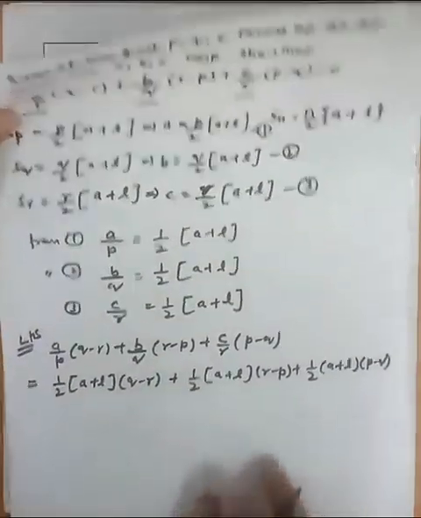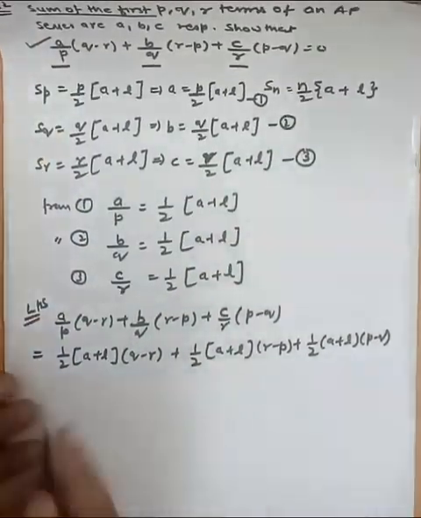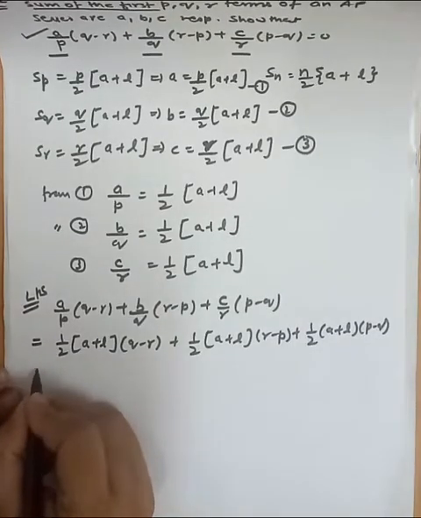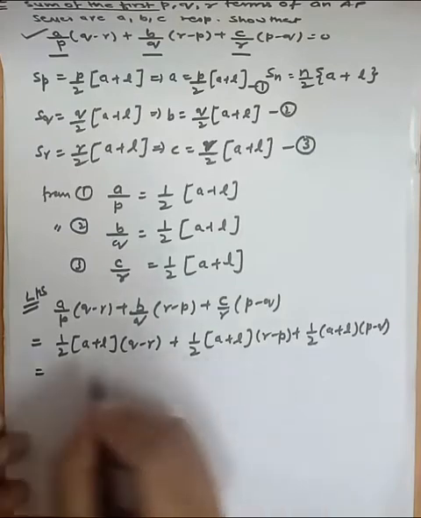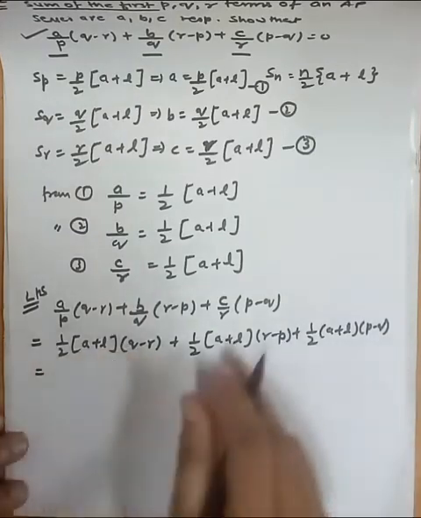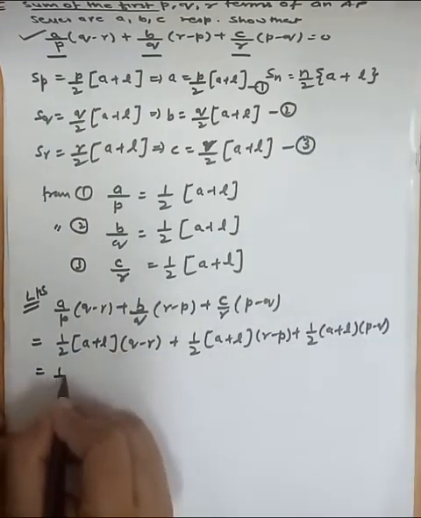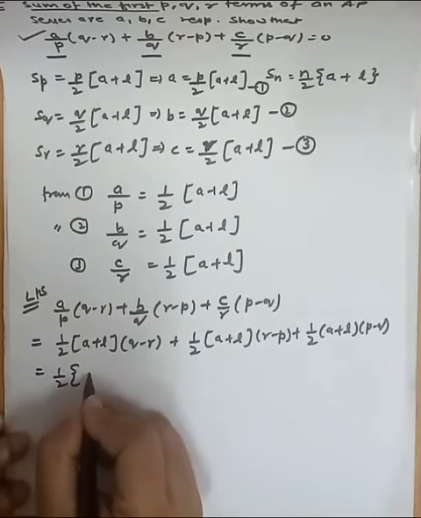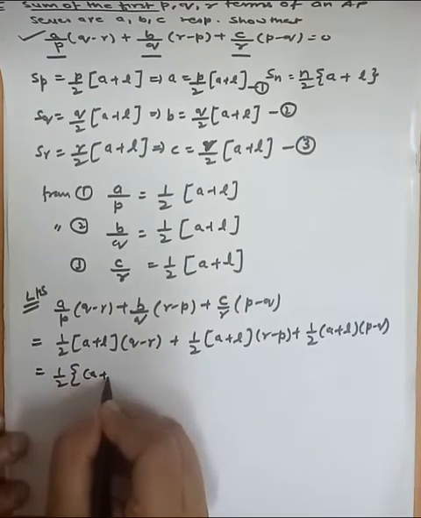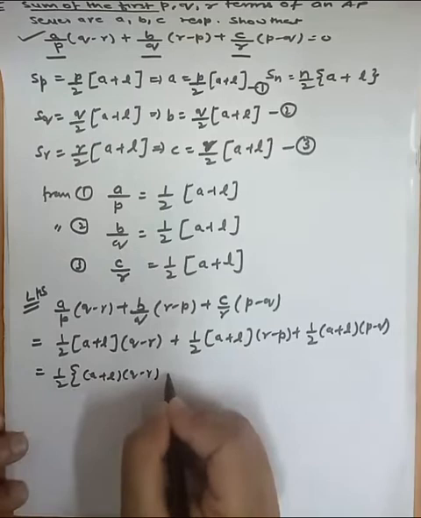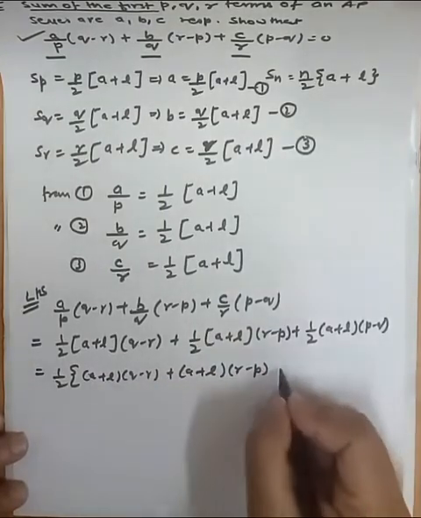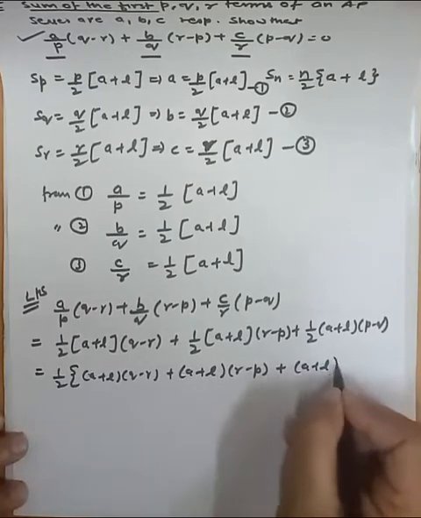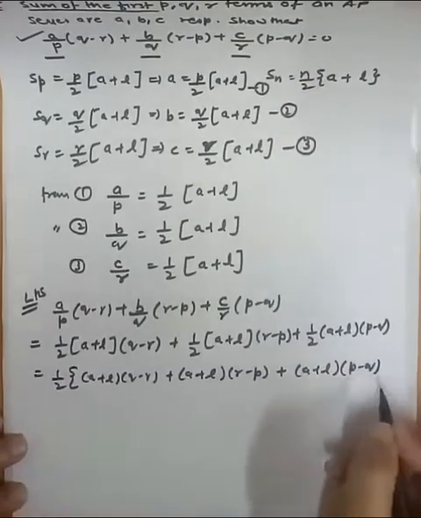So now use the expression and simplify this. Taking half in all three expressions, take outside: (A plus L)(Q minus R), (A plus L)(R minus P), (A plus L)(P minus Q).